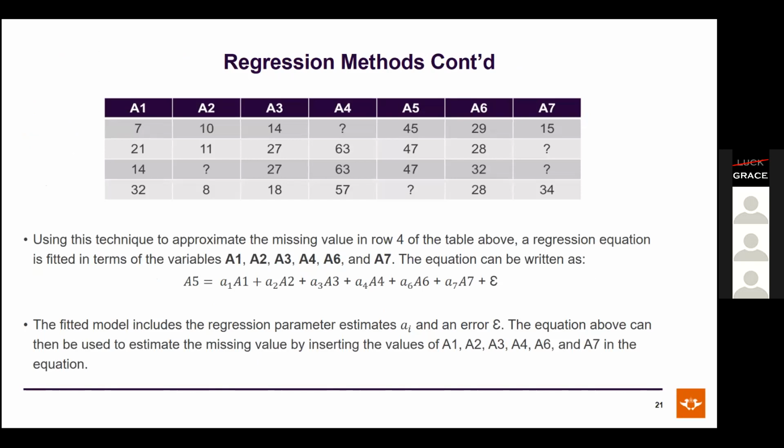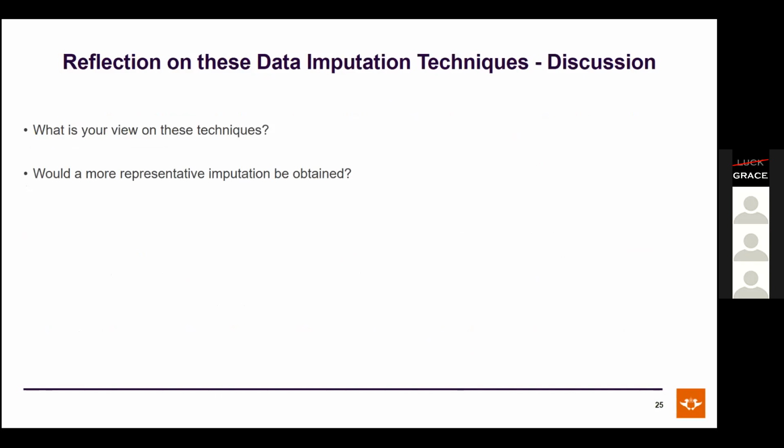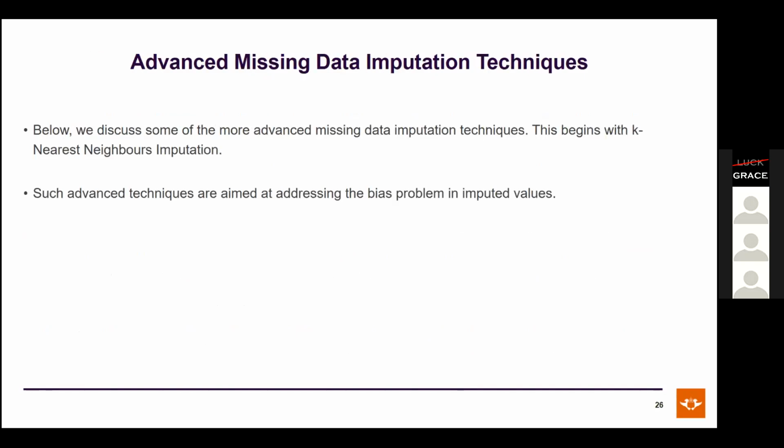So looking at that regression equation, we are most likely going to come up with a more representative value for that missing data in A5, right? Okay, so thank you very much.